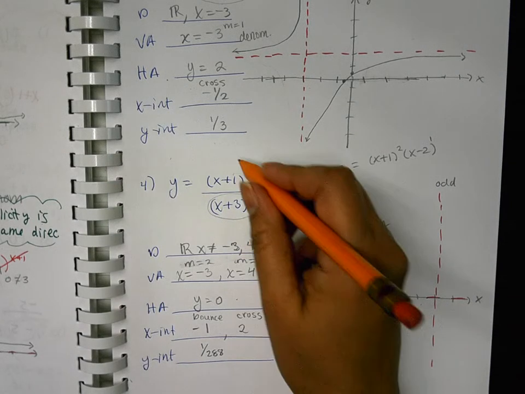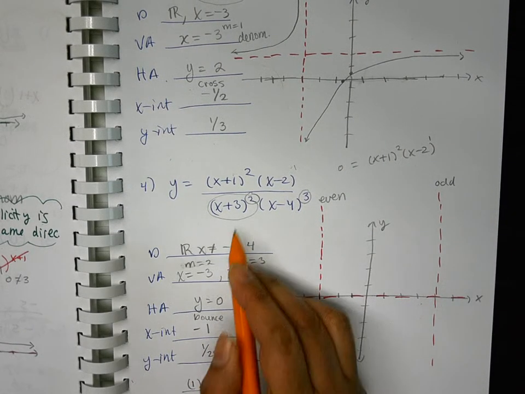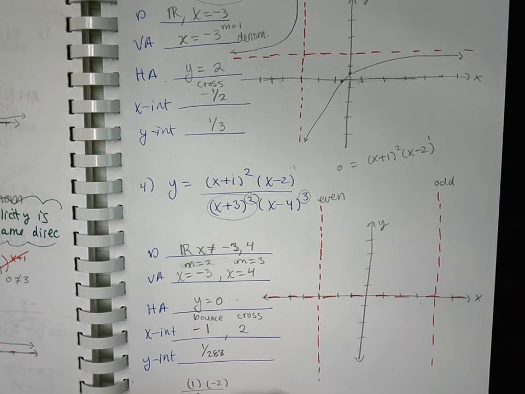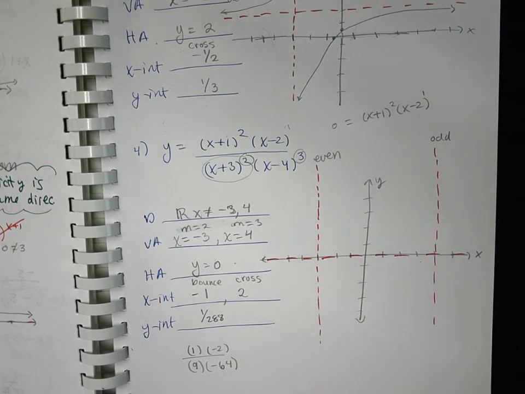So 1 squared is 1 times -2 over 3 squared is 9, and -4 to the third is -64. I got 288. Oh, for 9 times 64? And then the 2 reduces with it. Yeah? So yes. All right, we're good?